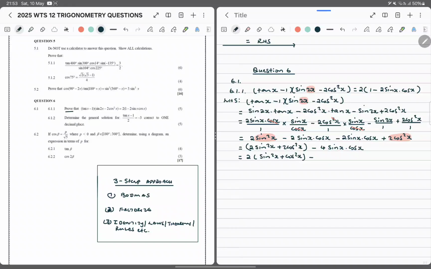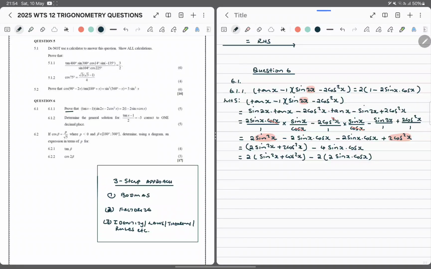Yeah, but since we have 2 sine x, we can just pull out a minus 2 here. And then we're going to remain with 2 sine x cos x. It's not a big deal. We take out a 2 just to simplify this further.